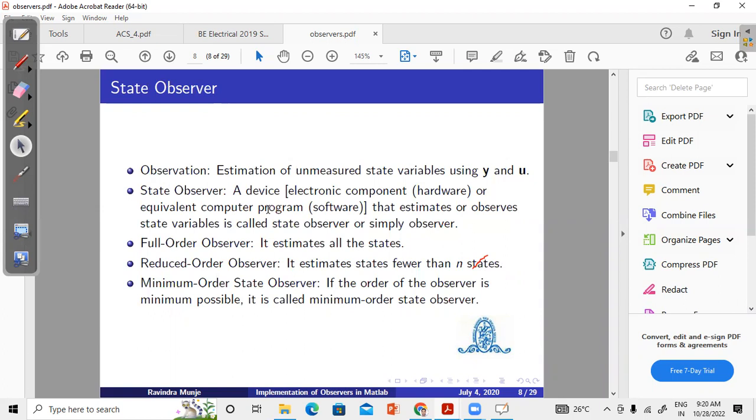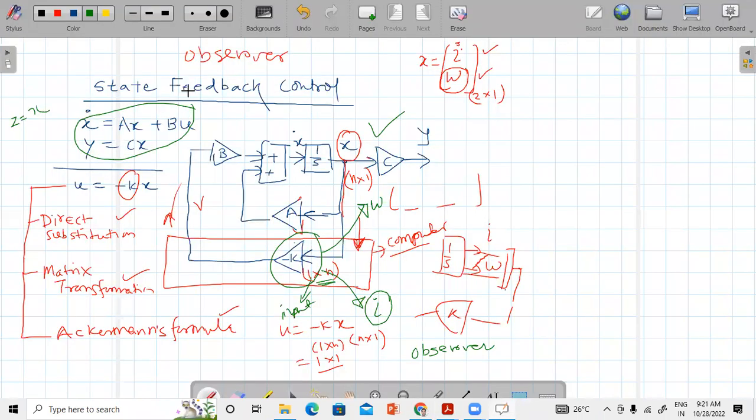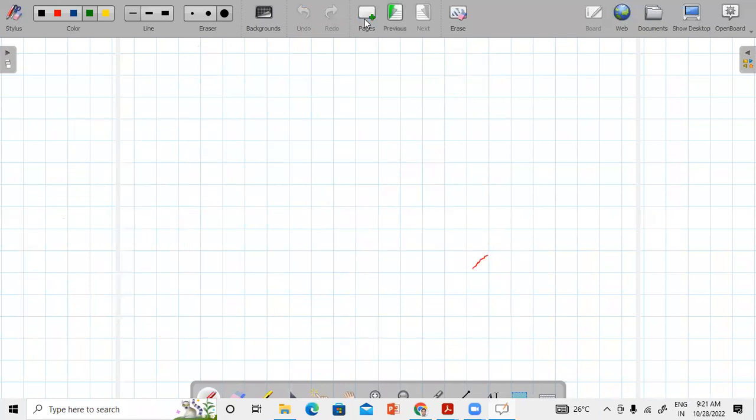So what is an observer? Observation is the estimation of the unmeasured state variables using y and u. For any system, if I draw a system here, we know what input we are giving and what output we are getting.